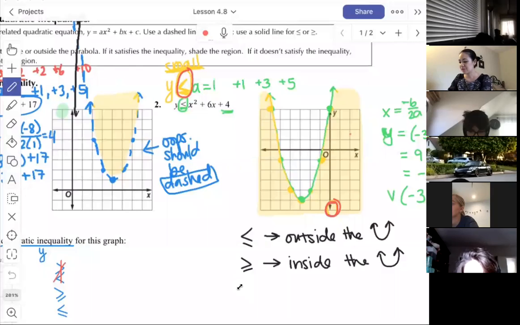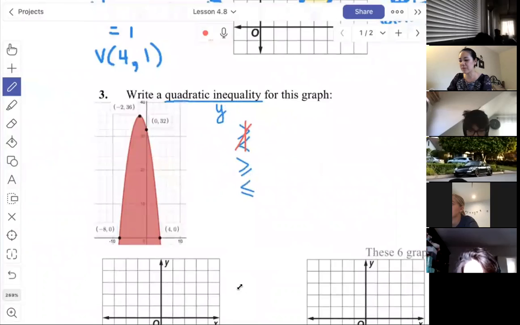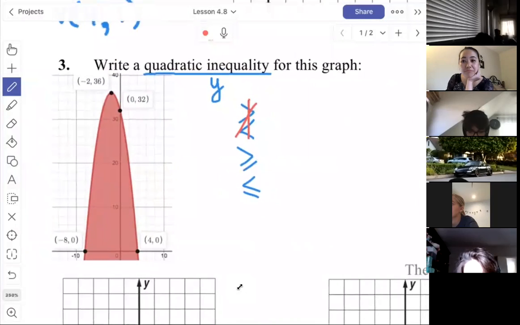So this graph, does it have the top or bottom of the y-axis? Does that shaded part have the top or bottom of the y-axis?